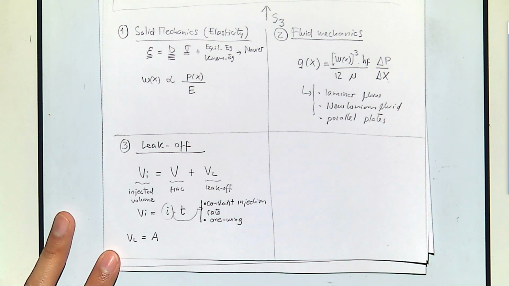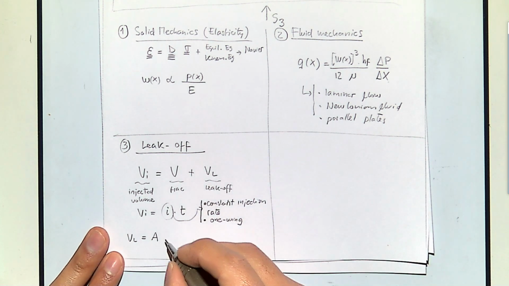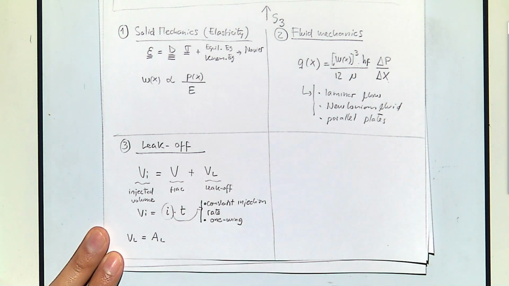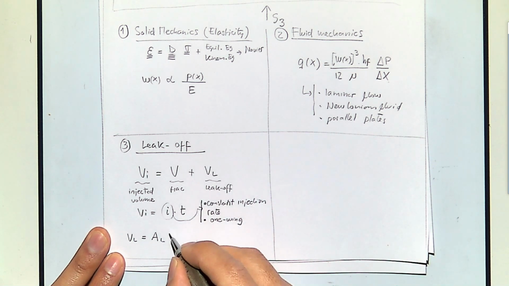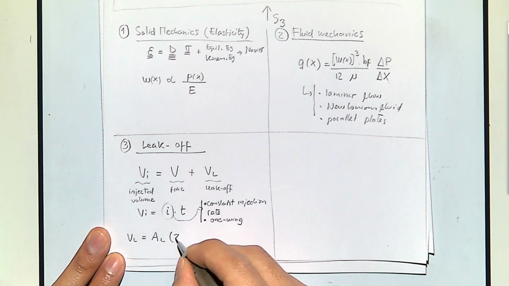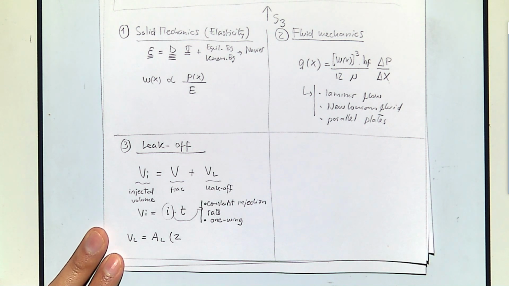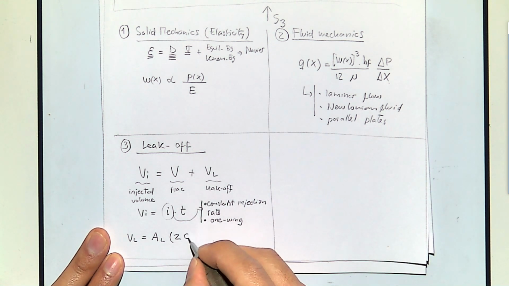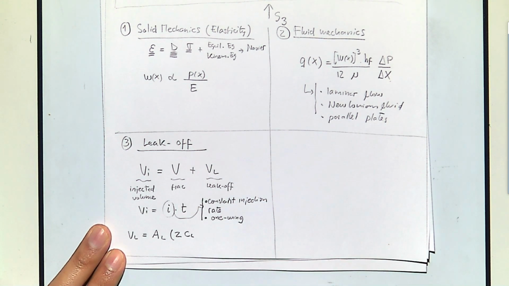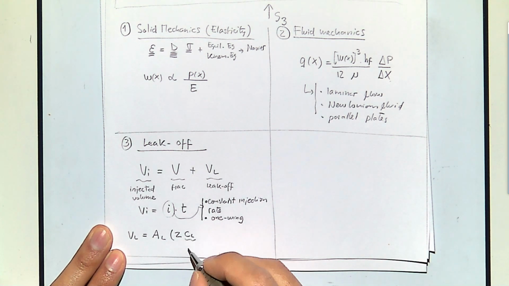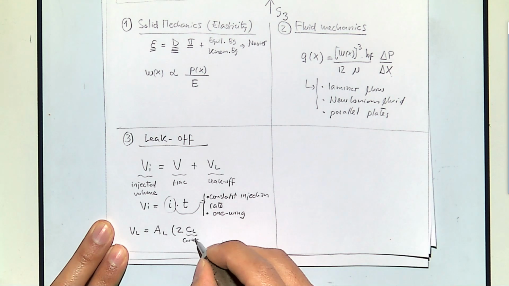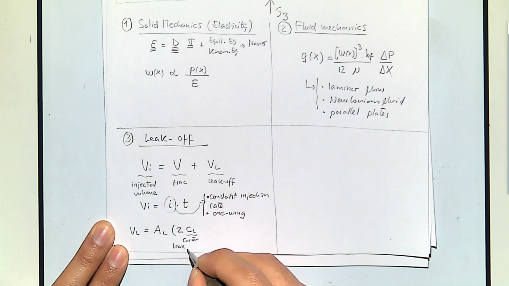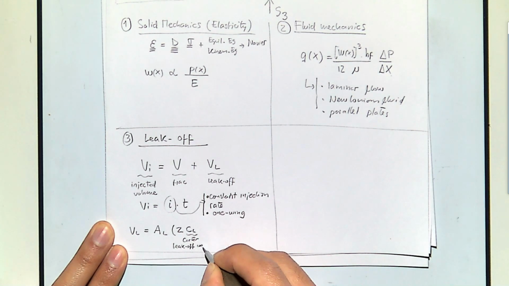We just consider that the volume of the leak off is going to be equal to the area of leak off, which is the area of the fracture, multiplied times 2, because we have 2 sides of a fracture, times the Carter-Lickor coefficient. So let me see if I can write this. Carter-Lickor coefficient.